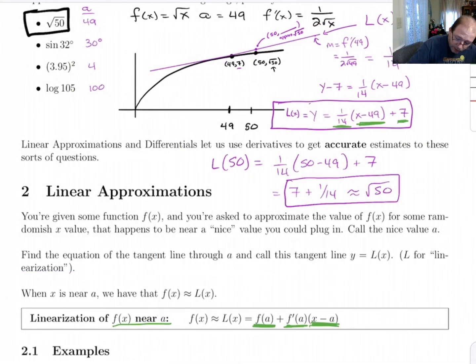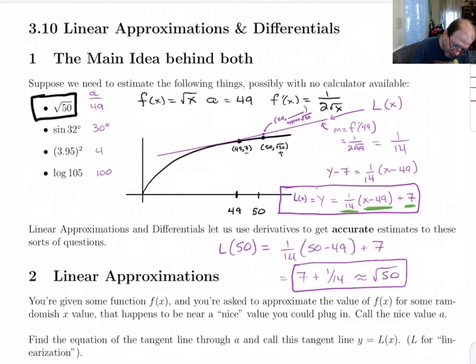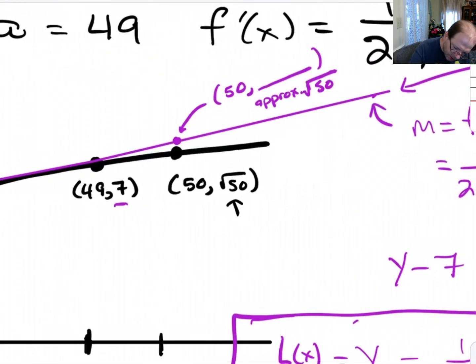Now the idea here, this is the linearization, or the linear approximation. Another thing we could do, if we wanted, is look through here and find the difference between the y-coordinate of this point and the y-coordinate of that point. And if you do that, what you get there is 1/14.